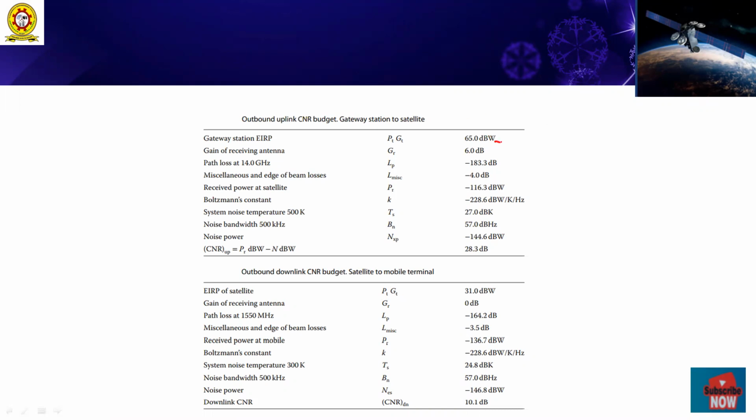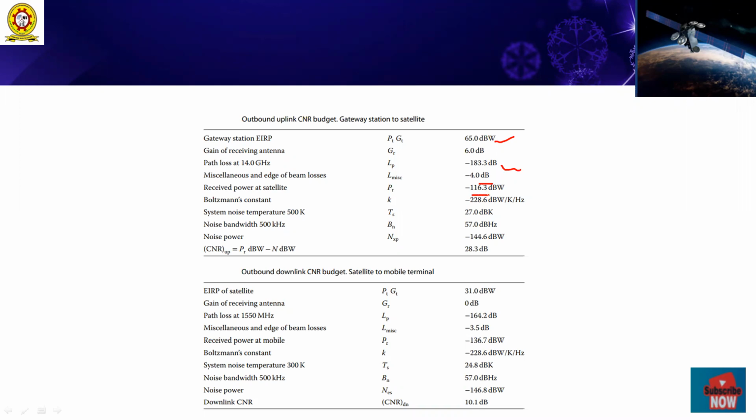The PT GT value we will obtain first, and path loss minus 183.3 dB, miscellaneous.